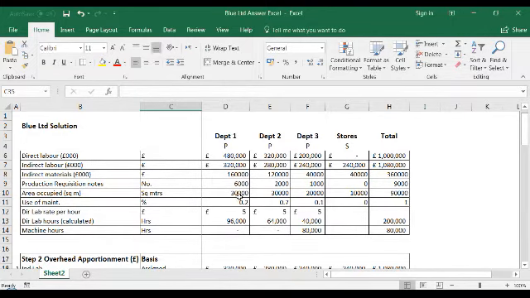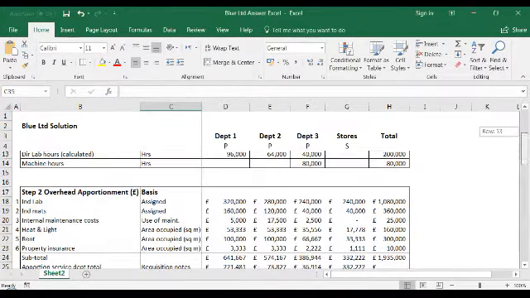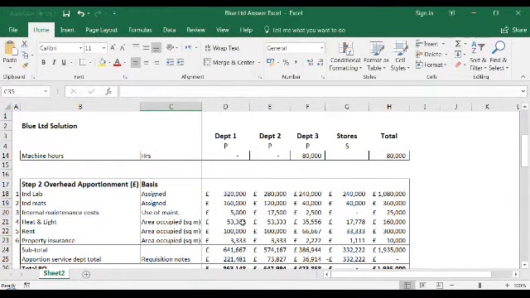So 30,000 divided by the total of all this area times the shared cost, and we will determine how much should come here. Similarly for this other one, and this one, and this one. So 160,000 has been distributed among these four departments.